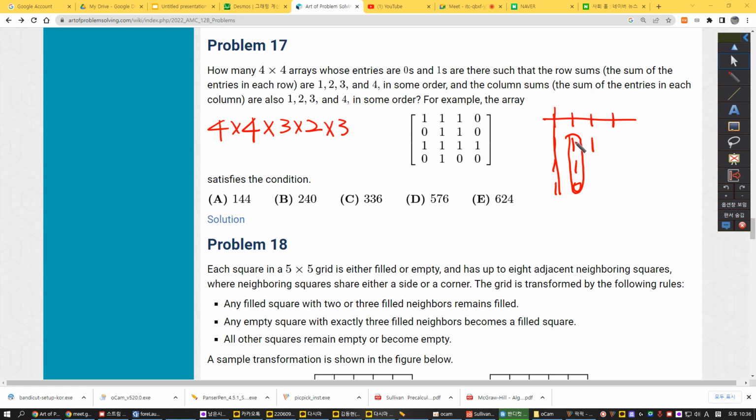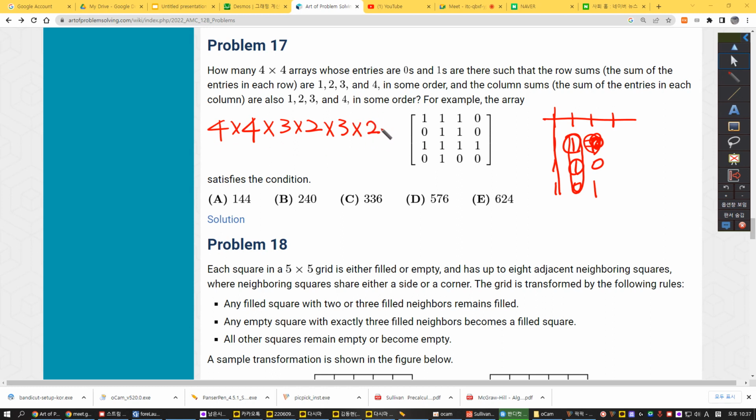And then after setting this, this one should be adjacent to one of these ones. We cannot make one here like this. That's not the case we want. So that means this one's position should be one of these two, adjacent to one of these two. So that makes the choices 2.